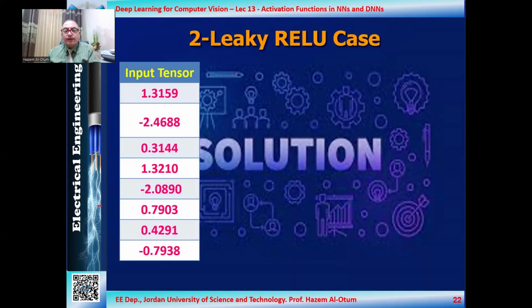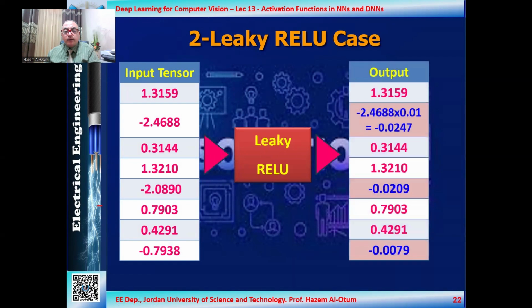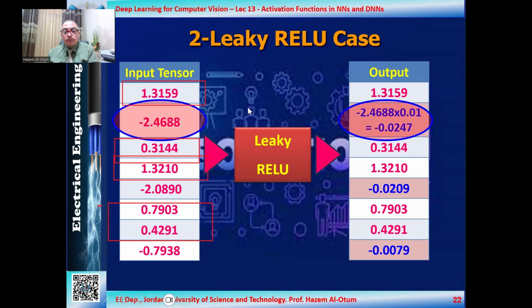Now, if we have the leaky ReLU case, what will happen? Again, we are not going to modify these values, this one, this one, this one also, this one, and this one. So what will happen to the negative values? They will be multiplied by a scale.